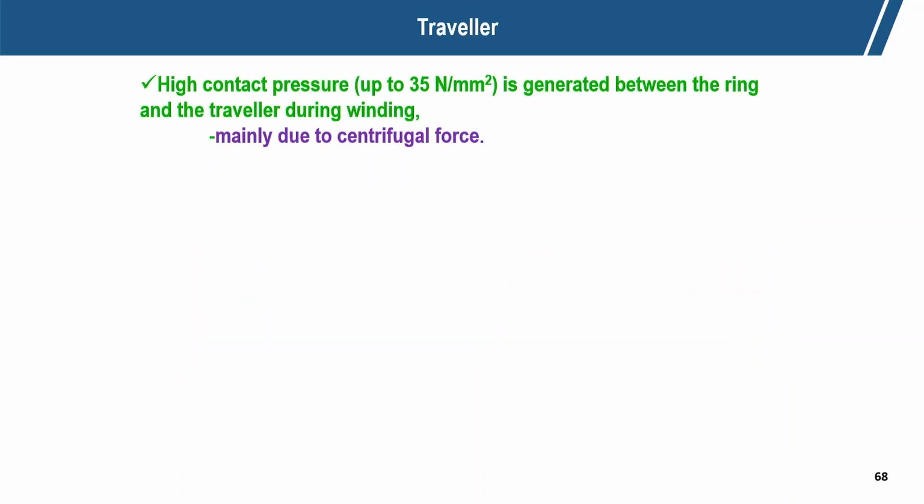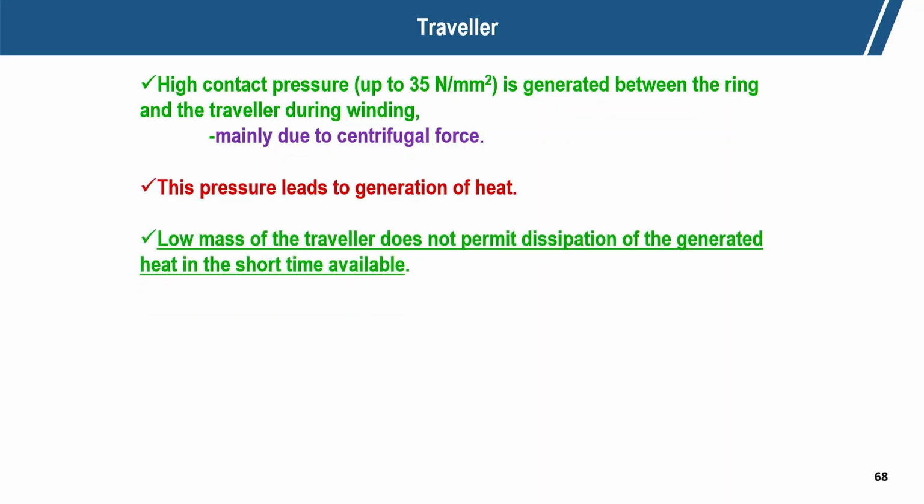High contact pressure, up to 35 Newton per square millimeter, is generated between ring and traveller. It is mainly due to the centrifugal force. The pressure leads to generation of heat. The low mass of the traveller does not permit dissipation of the generated heat within a short time.